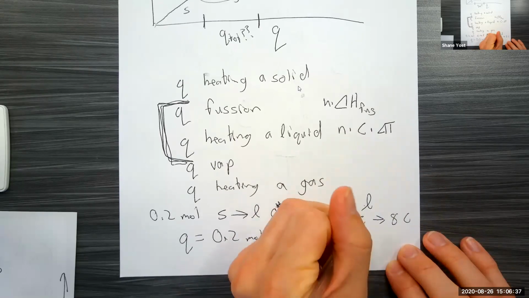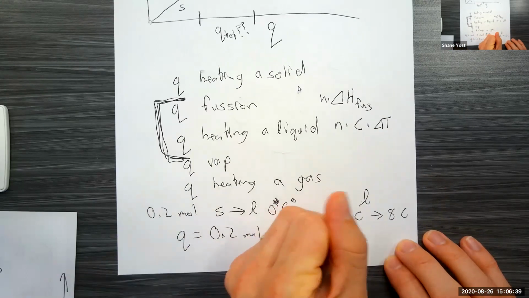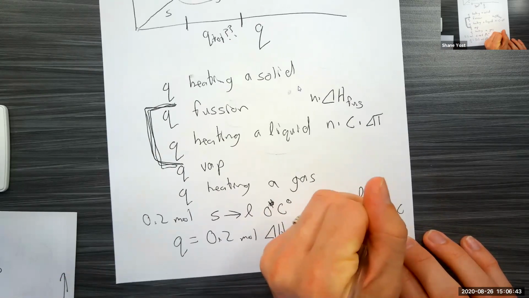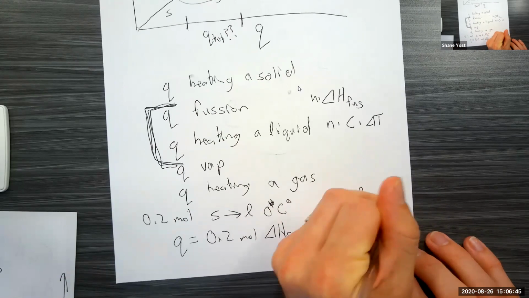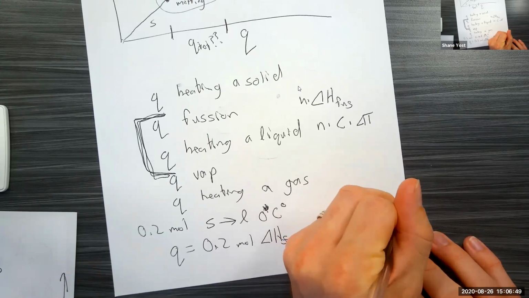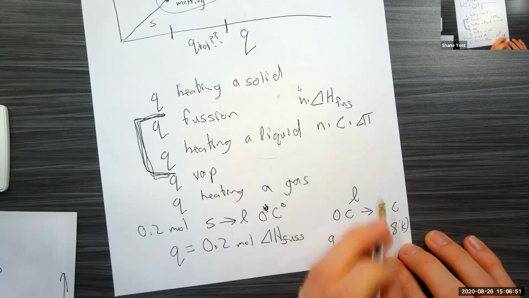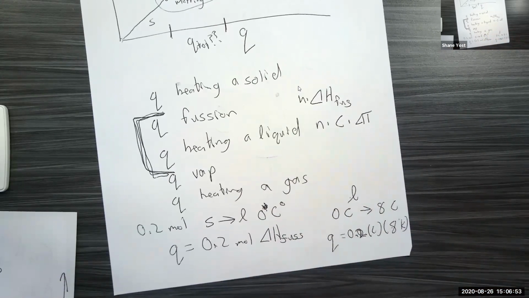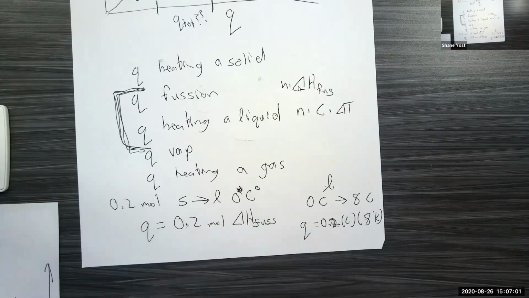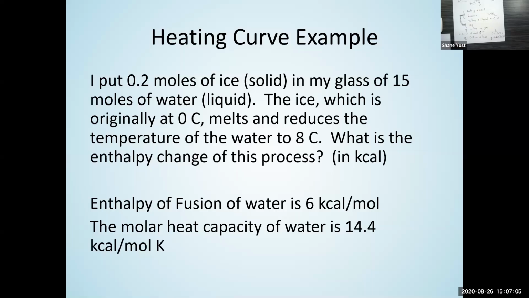So the heat for that process is related to the number of moles, which is 0.2, times the heat capacity, times that change in temperature, which is going to be 8 Kelvin. Conveniently, if I increase temperature by 8 degrees Celsius, it's the same thing as increasing the temperature by 8 Kelvin.